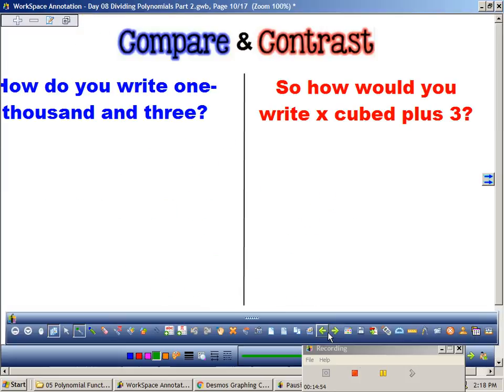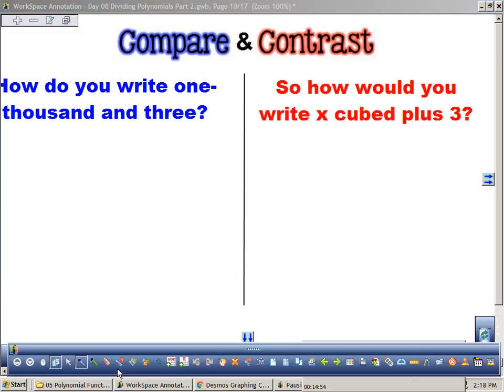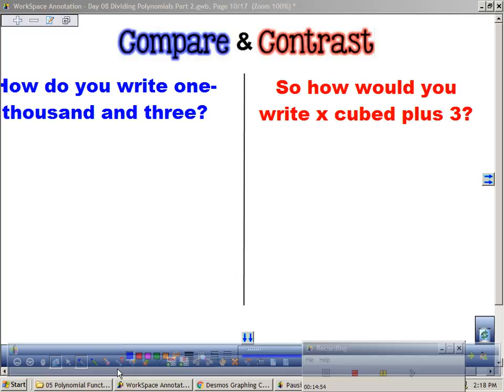Okay, let's compare and contrast. Let's see. Taylor, can you tell me how to write 1003? How do I write 1003? Is that right? But why? I've got the 1 and the 3.